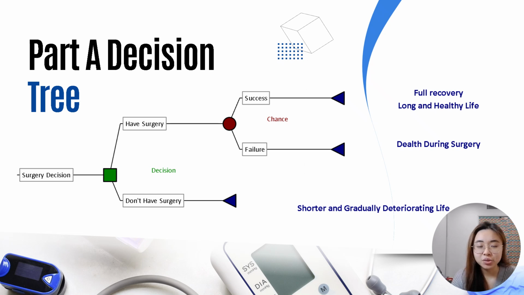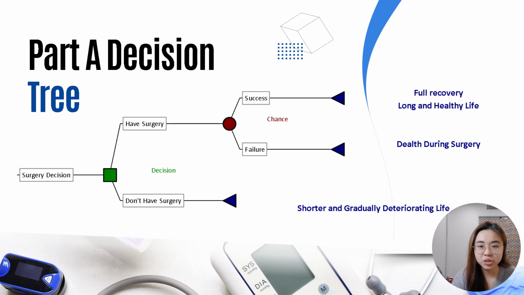Thus, this circle represents the chance node. This node includes two possible events, either full recovery, resulting in a longer and healthier life, or death during surgery, leading to immediate death. On the other hand, if the patient chooses not to have surgery, the result is certain.